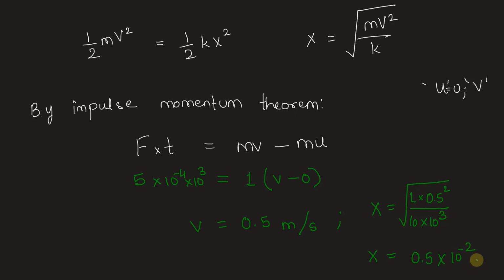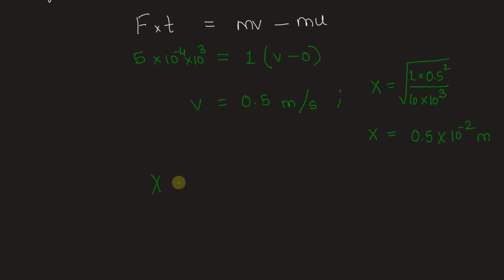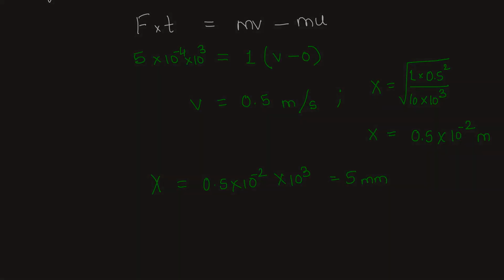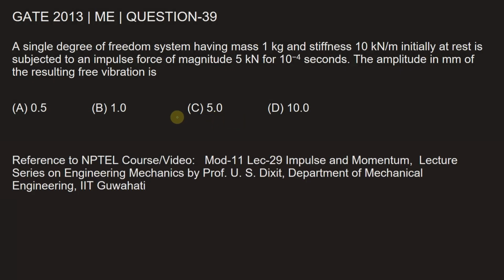But this answer is in meter. So to convert to millimeters, in which the options are given, we have x equal to 0.5 into 10 to the power minus 2 into 10 to the power 3, which is 0.5 into 10, which is 5 millimeters. Let's go back and mark the correct option. So the answer is option C, that is 5 millimeters.